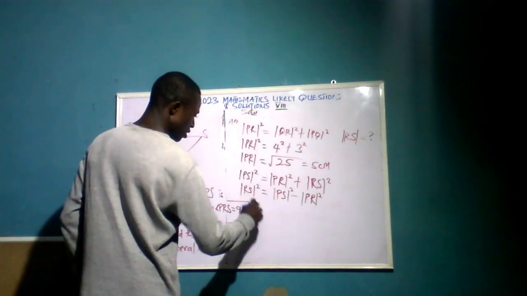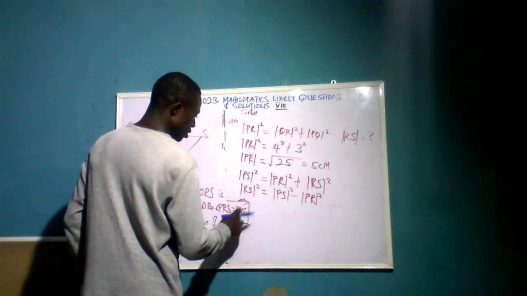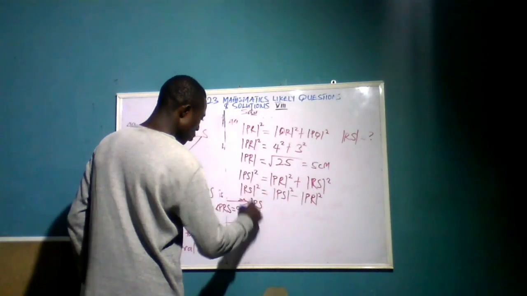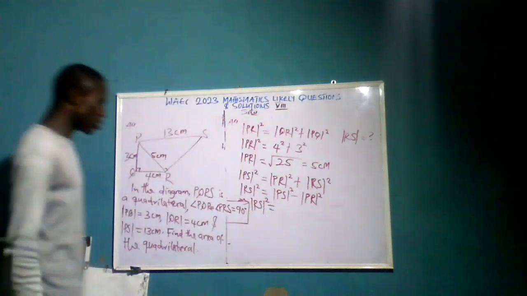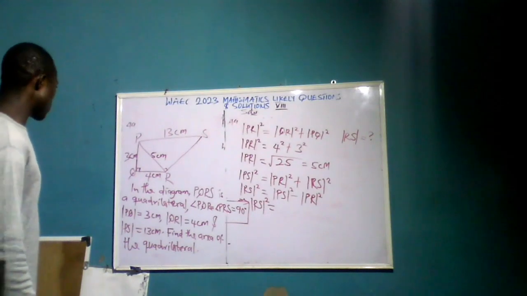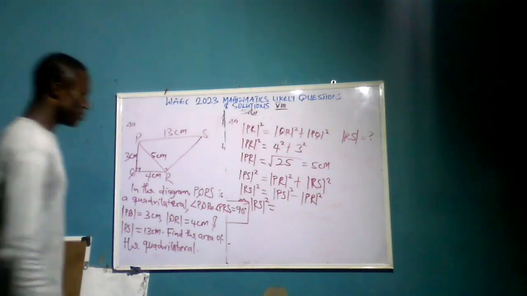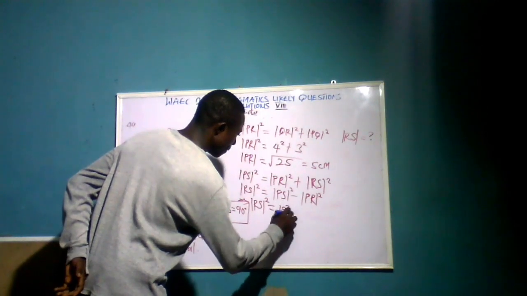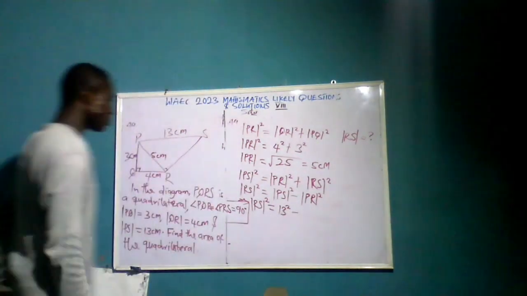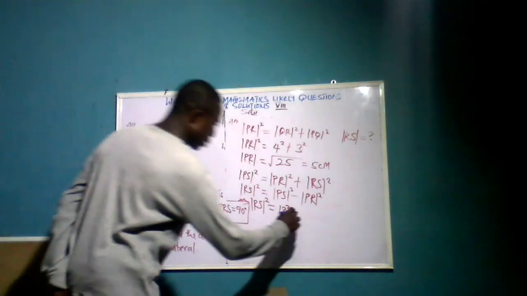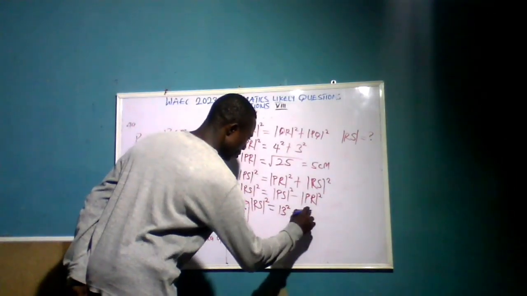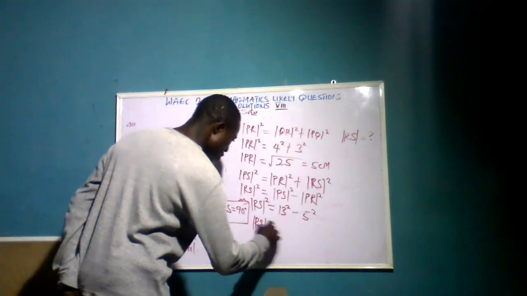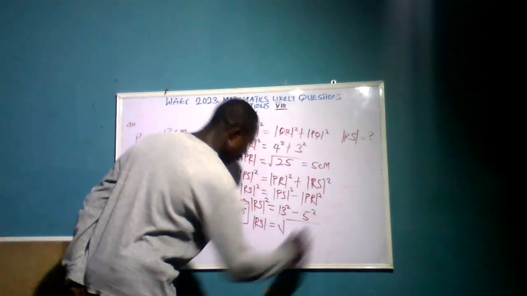And this will imply that RS square will be equal to, what is PS? PS is 13. So you have 13 square minus, what is PR? PR is 5, minus 5 square. So that your RS, magnitude of RS, will be square root of 13 square.